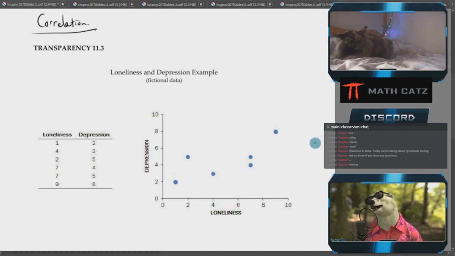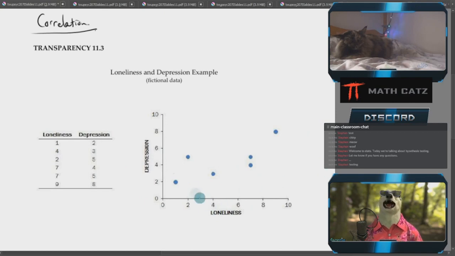So the next question then is, well, how are we going to come up with some calculated number to measure the amount of correlation, the amount of how strongly these are connected and how.